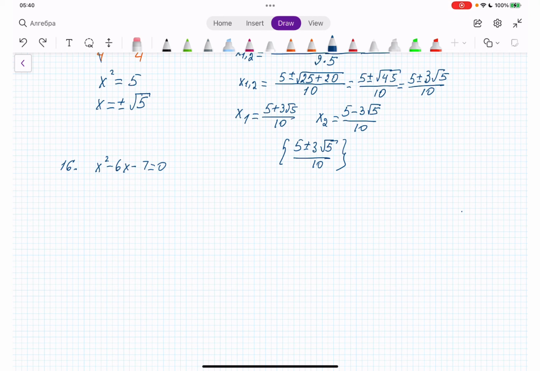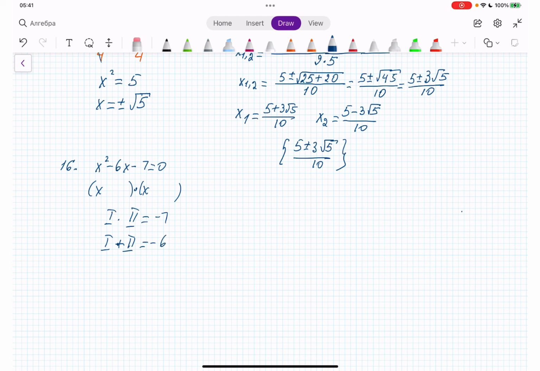So what is it going to be here? 1x here, 1x here, right? This x squared. We put 1x here, 1x here, because when we multiply, we get back our x squared, right? Let's see. We have negative 7: first number times second number, we have to get negative 7. And first number plus second number, we need to get negative 6.